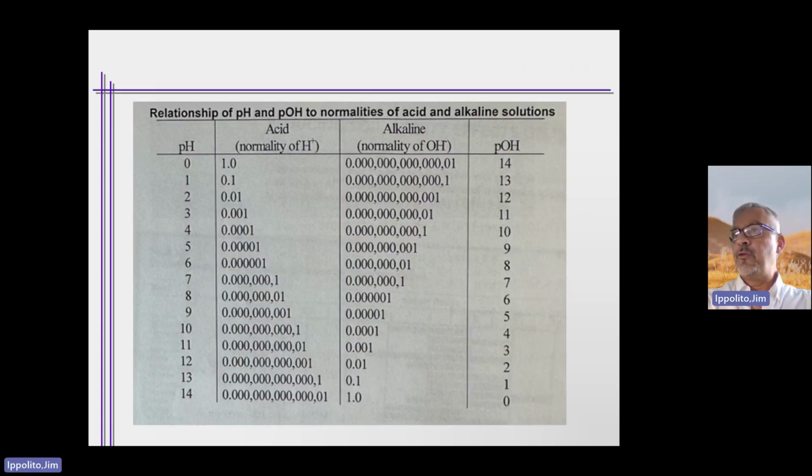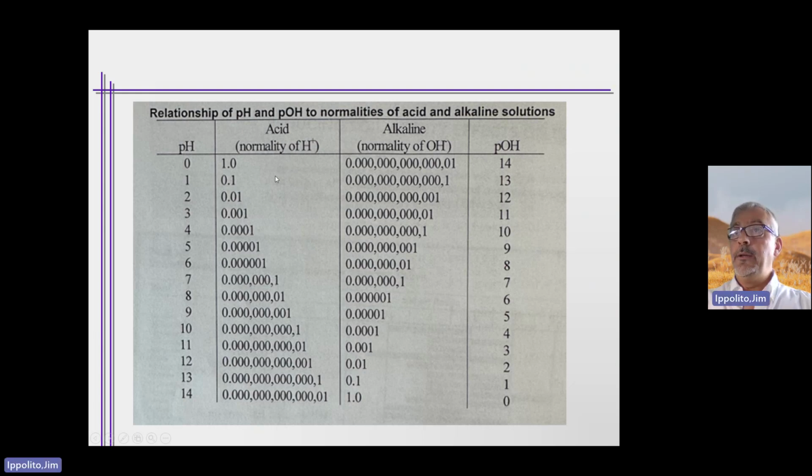So here's a relationship of pH and basically acidity. We won't get into the details of everything on this slide, but let's look at pH, this first column on the left, and the acidity, or another way of looking at this is the amount of hydrogen ions present.